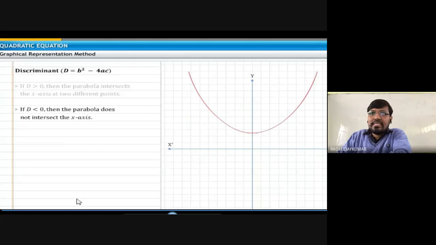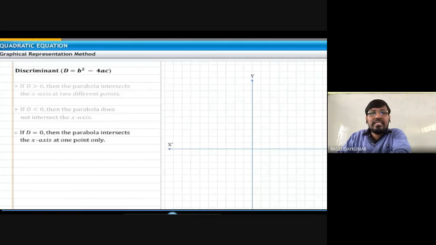If it is less than 0, it does not touch the x-axis because there are no real roots. If D is equal to 0, the parabola touches the x-axis at only one point. So depending upon D, you can decide the curve.